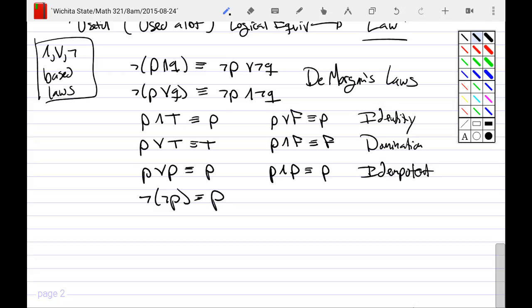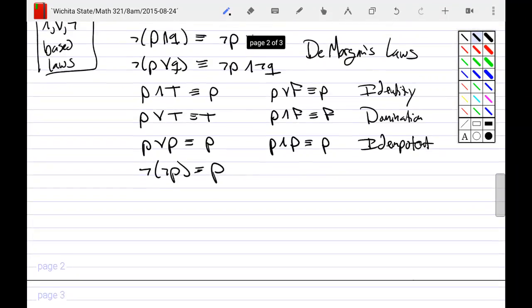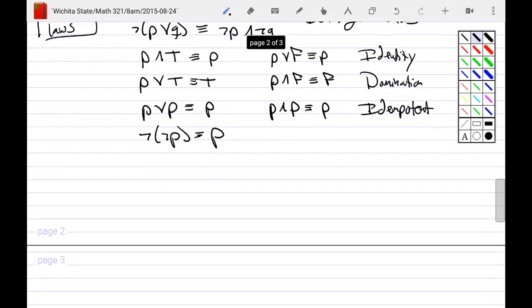Other logical equivalencies: commutative. P and Q is the same thing as Q and P. P or Q is the same thing as Q or P.